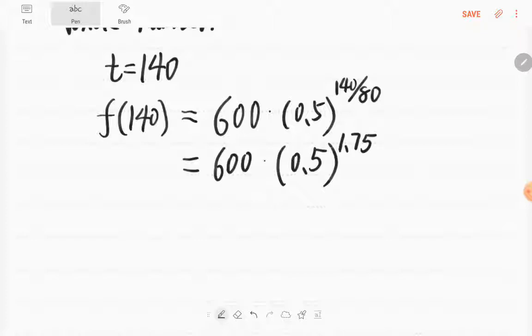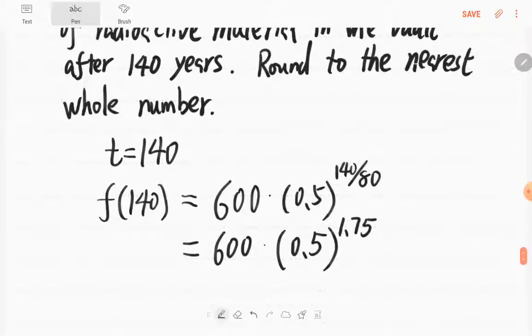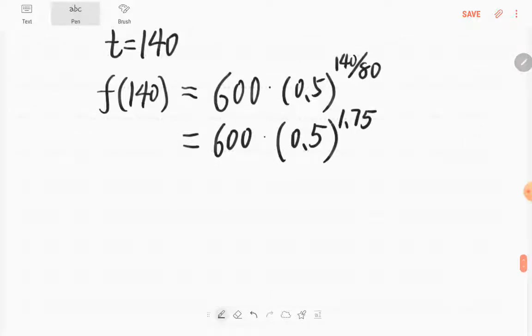1.75. Do not round the numbers, okay? Although at last you need the nearest whole number, that means an integer, you cannot round your number during your calculation. Otherwise, you will get some errors, okay? So you have 1.75.